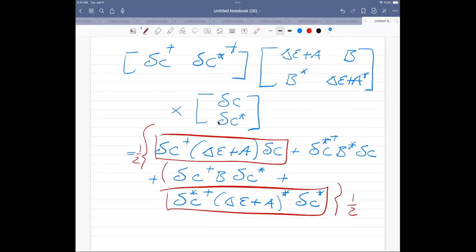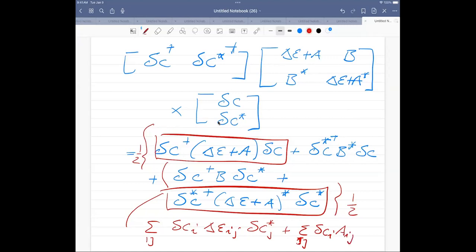If you look at these two terms, what they are actually going to give us is a sum over i and j, and then I have a delta C of i, and then this delta epsilon ij of delta Cj, plus a sum over i and j, and then I have my delta Ci, and then the matrix element Aij, and then I have my delta C of j.